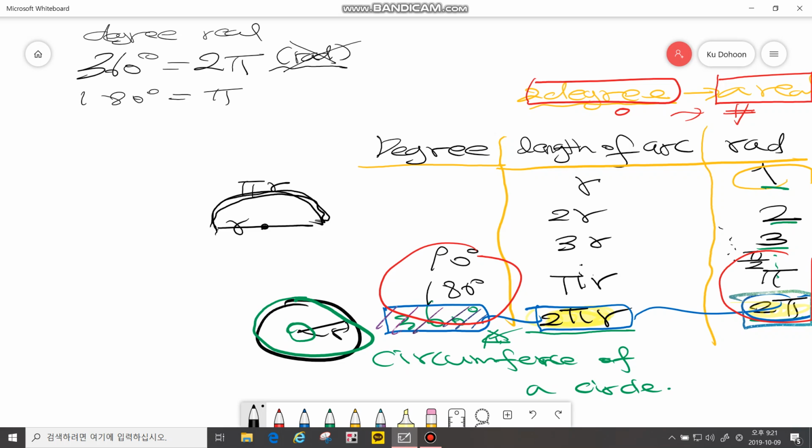And now think about 1 radian. What is 1 radian? For us to get 1 radian, this side has to be just 1. Then what we need to do is multiply first by 180 divided by pi. Why? Because think about it.